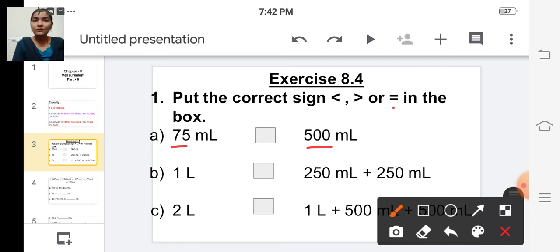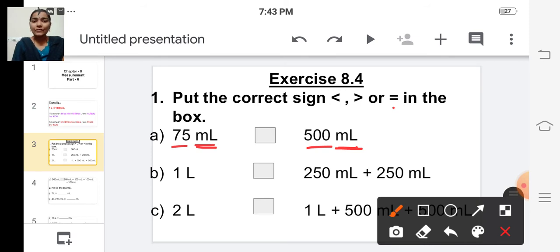First, we have to look at the units on both sides. If the units are same, then we can directly compare. Otherwise, we have to change that into same units, and then you can compare.